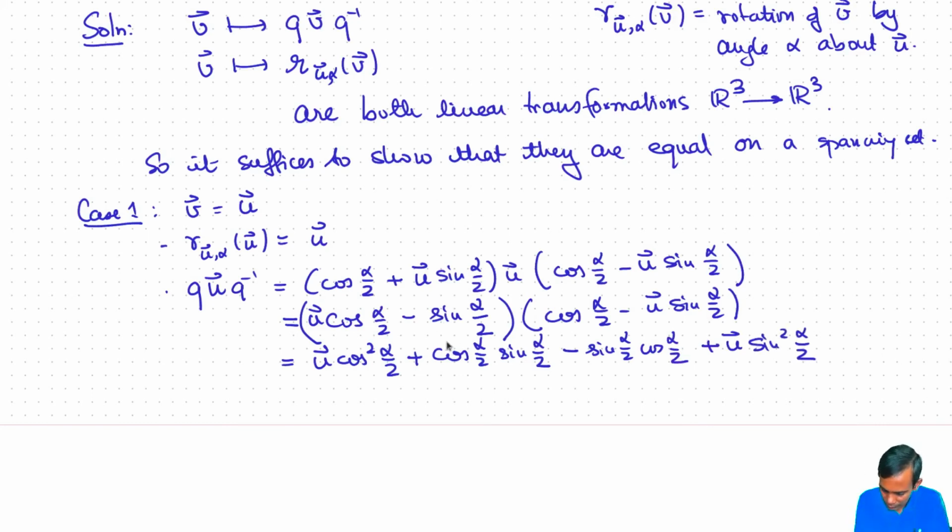So these two terms cancel out, and these two add up to give u. So we see that the rotation and the QV inverse, they agree upon the vector u itself.